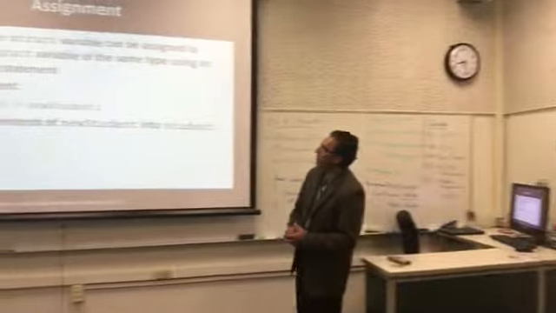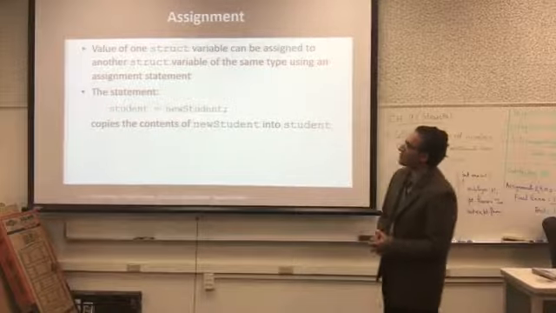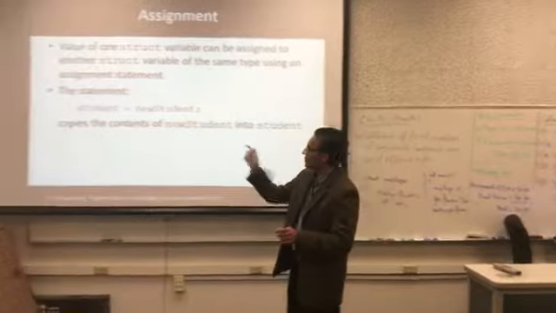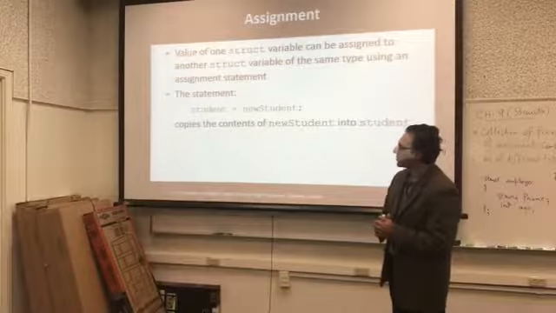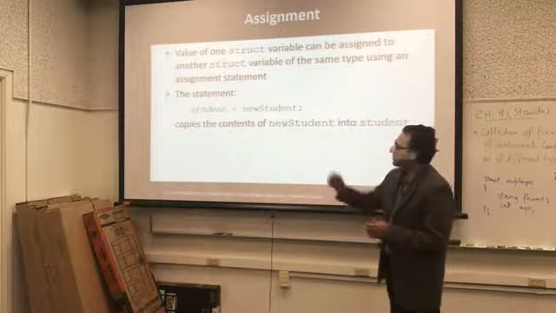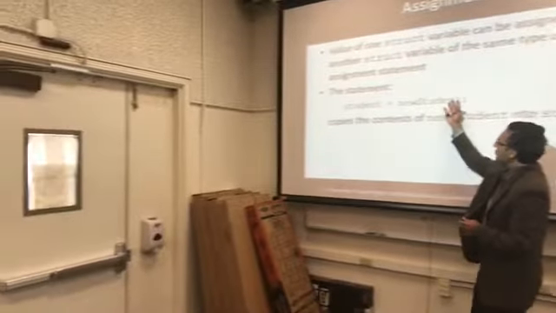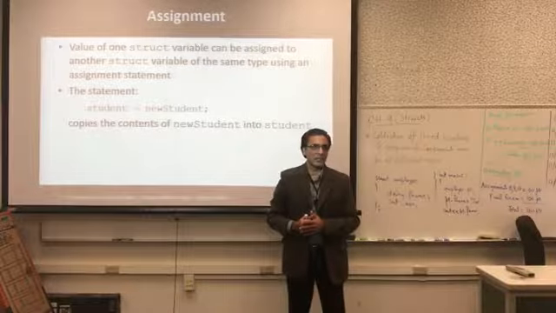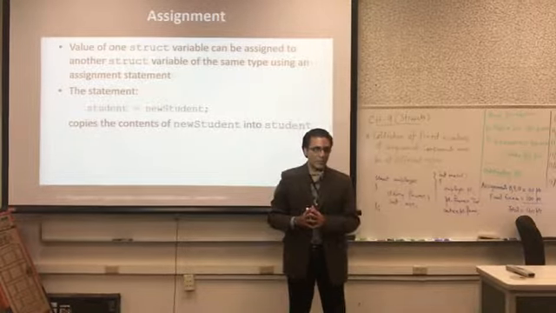So the value of one data structure can be assigned to another data structure. So let's say I have two data structures. One is called student, and another one is called new student. When you assign the new student to the student, it copies the contents of new student to the other student, assuming they are exactly the same data structure.